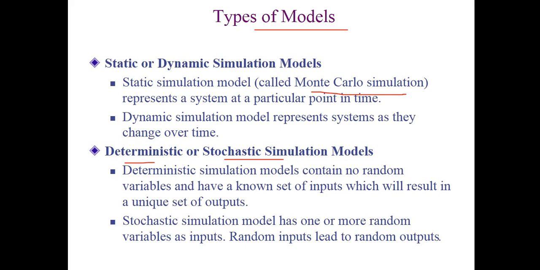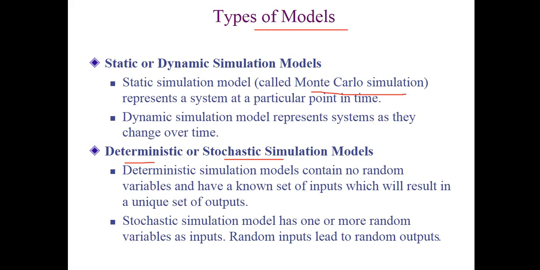Okay, and then the deterministic and stochastic simulation models. Deterministic means whenever we use some known input in a model, the known input will lead to a known output. When we give known inputs to the model, we know what our output will be.